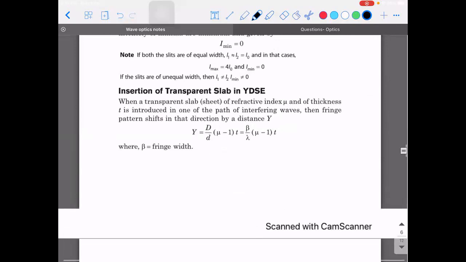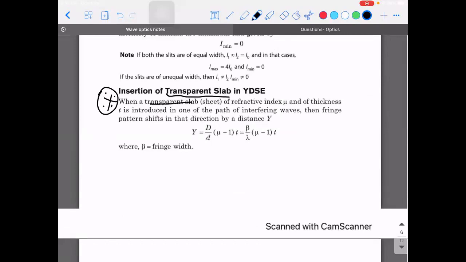Right? This is one which is not there. You can get questions based on this also. We will be solving it today. What will happen when a transparent slab is introduced in YDSE? Imagine you have a glass slab in your hand. When a glass slab is kept in between the source and the screen, what do you think is going to happen?